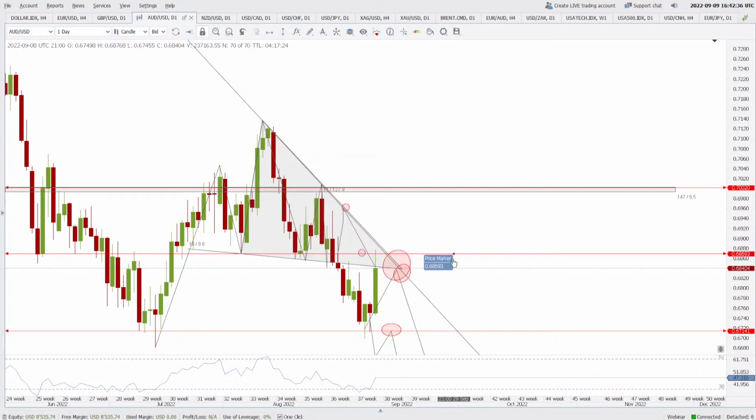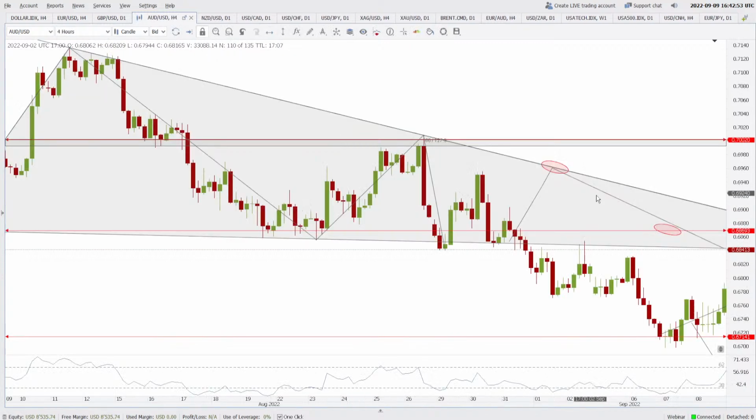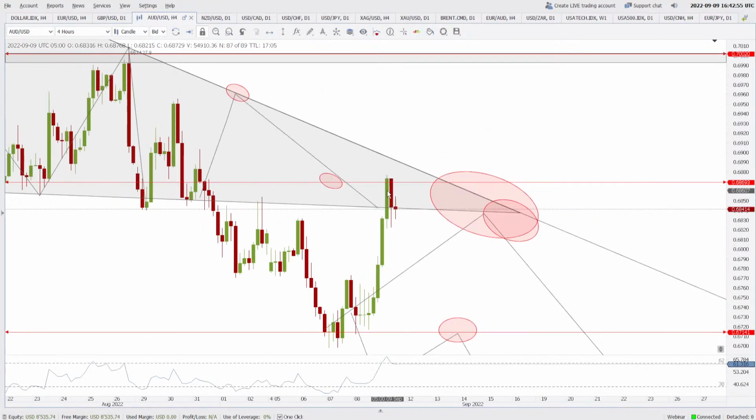One is this horizontal resistance, second is this triangle, third is this falling trend line, and so many things are there. So I don't think that opening a buy position below this line is a good idea, although opening a sell position is a good idea, but we need a confirmation either on the 4-hour or maybe daily. This candlestick is not a confirmation.